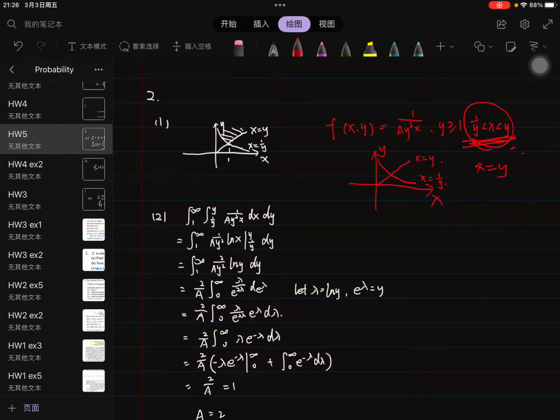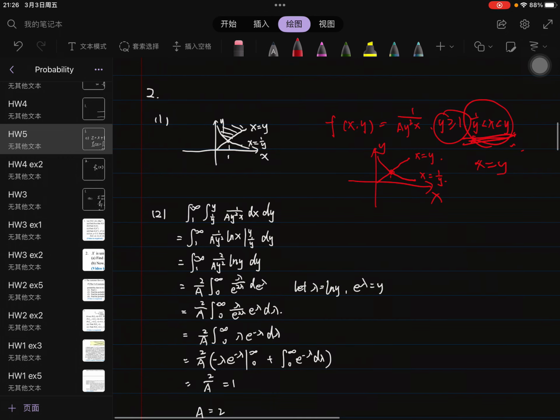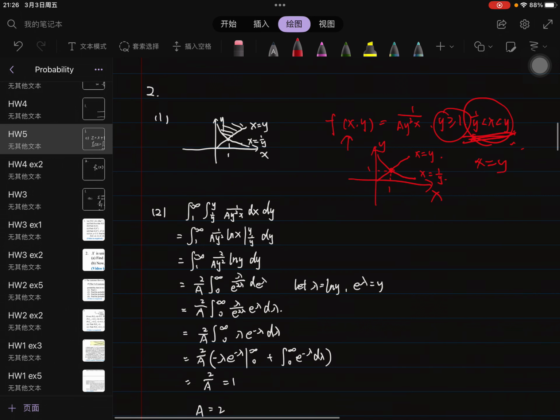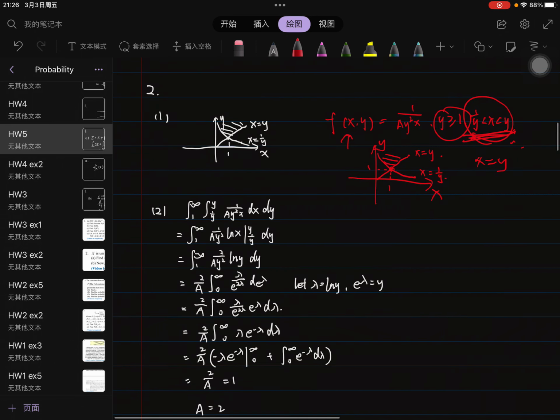Here we are also given that y is larger than or equal to 1. So the intersection of these lines should be (1, 1). So the definition region of this density function is here.